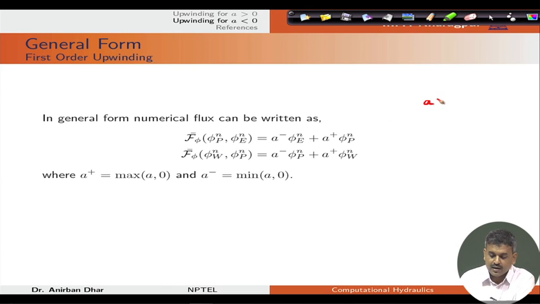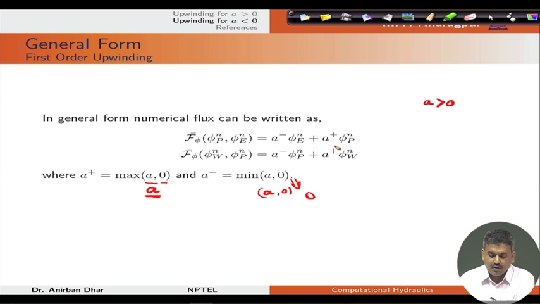If a is greater than 0, some positive number, so obviously a plus will be the maximum of a or 0, that means this will be a, and the minimum of a and 0. That means if a is positive here, this quantity will be 0, but this will be a.